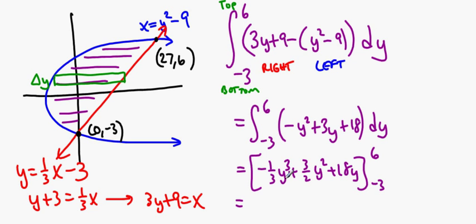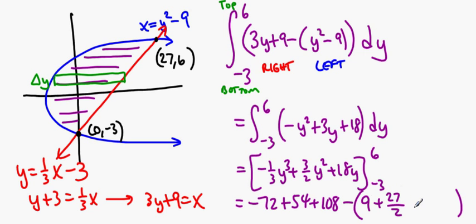Let's see. That's negative 216 divided by 3. That's 36 divided by 2 is 18 times 3 is 54. 18 times 6 is 108 minus whatever we get when we sub in negative 3. So negative 3, that's negative 27 over 3 over negative 3 is positive 9. Negative 3 squared is 9.